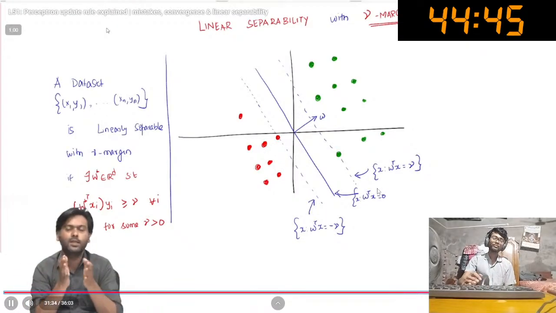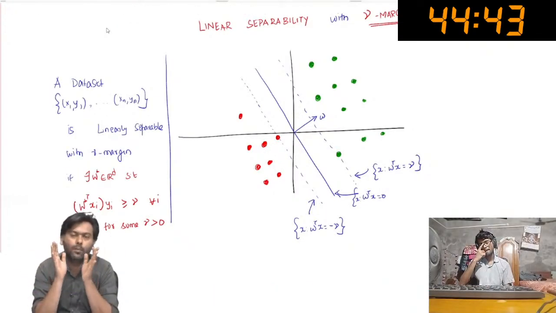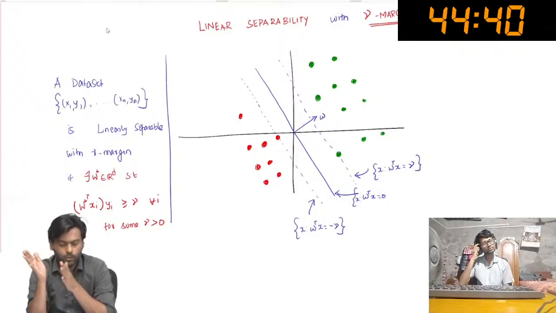Basically, what I am saying is that you are given a data set. Now, there is some W star.